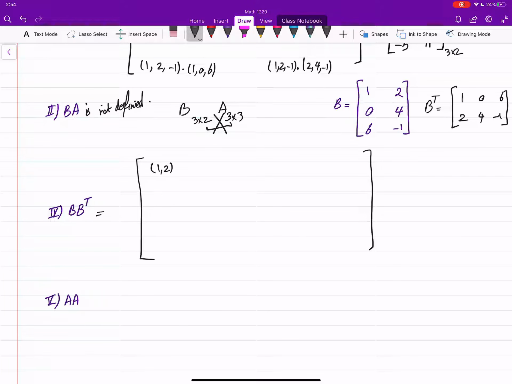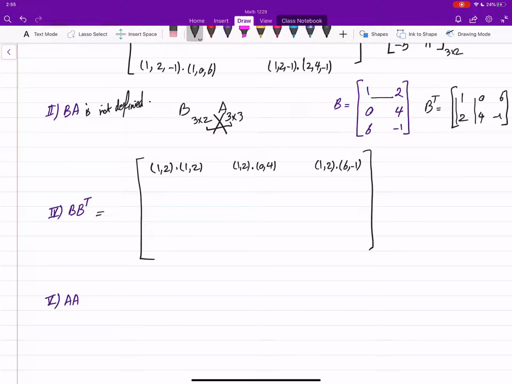Now you see 1, 2 dot 1, 2. 1, 2 dot 0, 4. And 1, 2 dot 6 and negative 1.